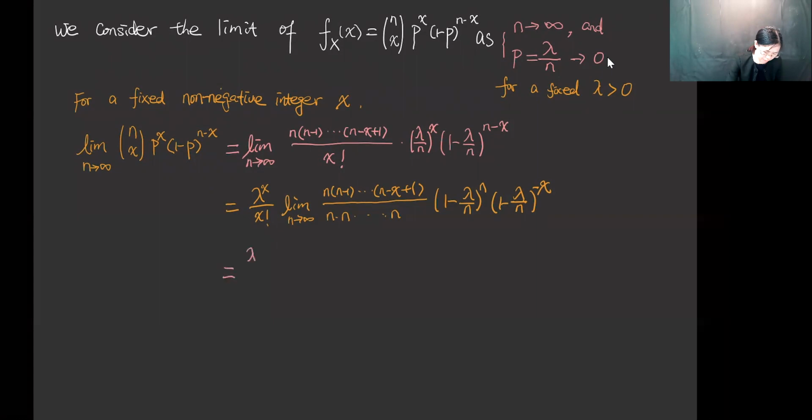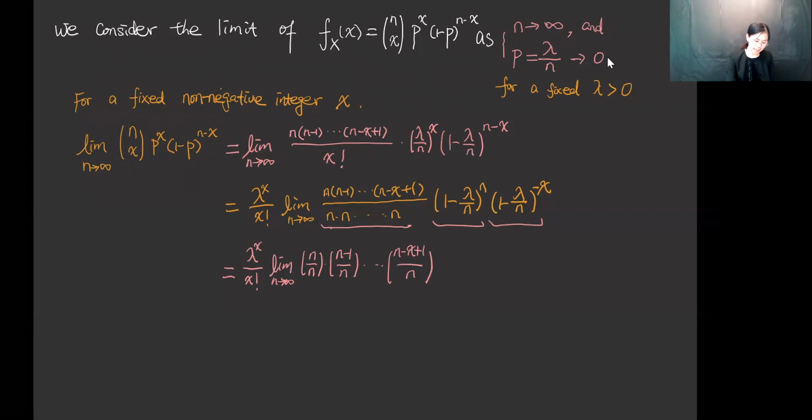Now we copy lambda to the power x and x factorial right here, and look at each term after the limit. For the first term, as you can see, it's n divided by n, which is 1. N divided by n times n minus 1 divided by n, which also has limit 1, to n minus x plus 1 divided by n.